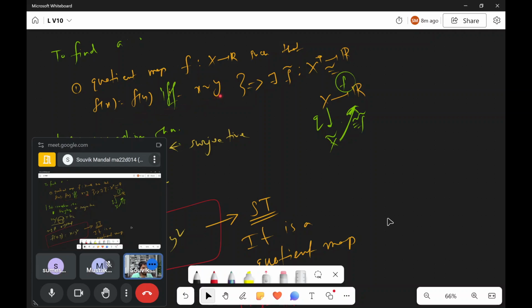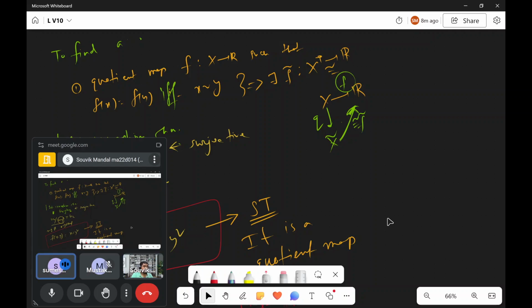If we can construct at least one such function, then we can say that the quotient is homeomorphic to R. Do you understand my point?